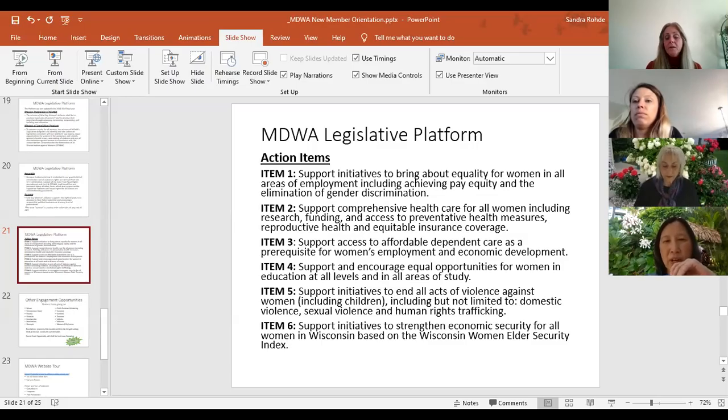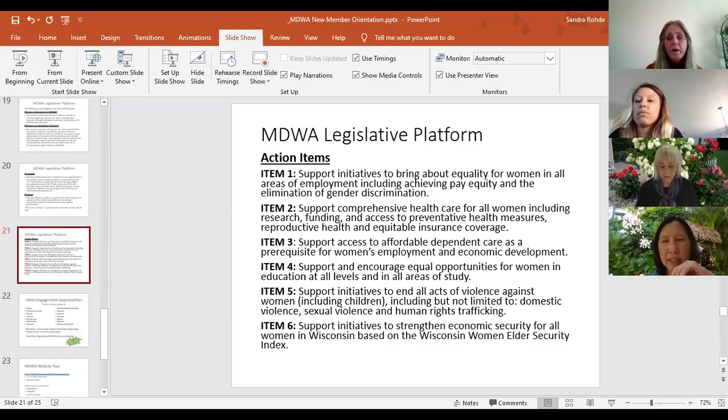So the first one obviously covers the workforce and the things we talk about in terms of pay gap, pay equity, and gender discrimination are right up there. And what I personally have found is that I wasn't even aware of all of the parts or all of the experiences I had in terms of the pay gap and gender discrimination until I joined Midday and started looking into it and thinking about it more.